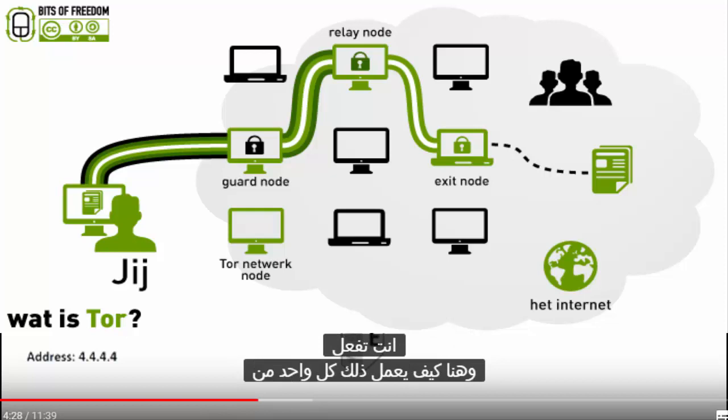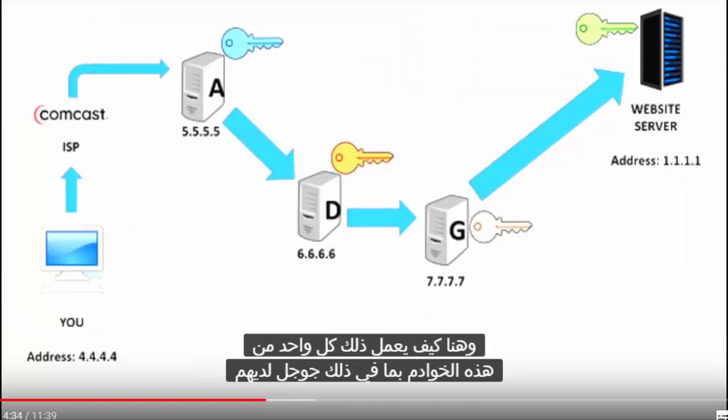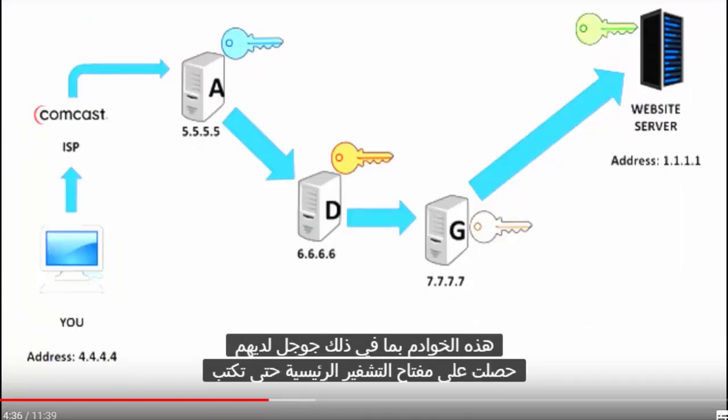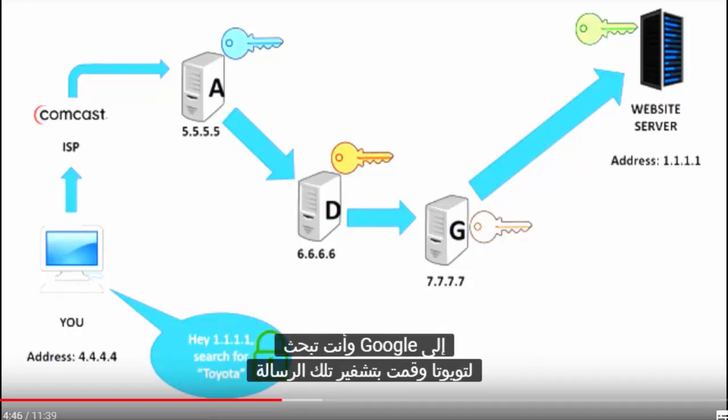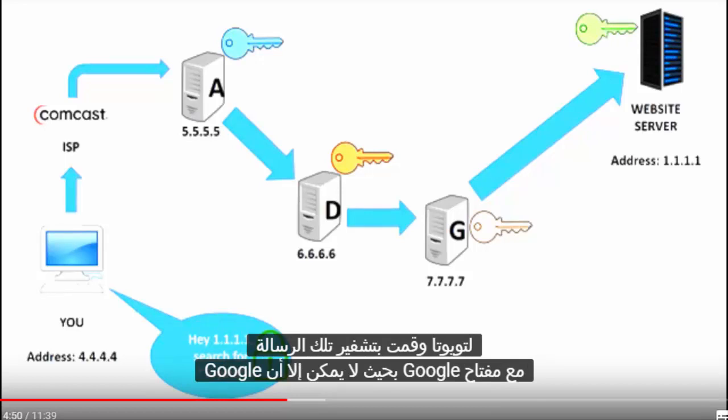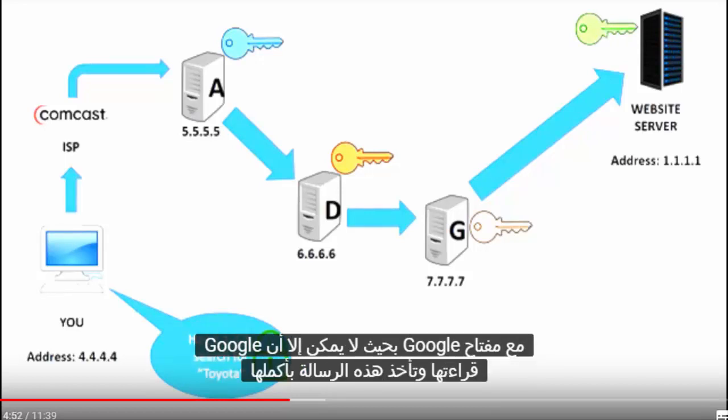And here's how it works. Every one of these servers, including Google, has a key, an encryption key. So you write a message to Google, and you're searching for Toyota, and you encrypt that message with Google's key, so only Google can read it.